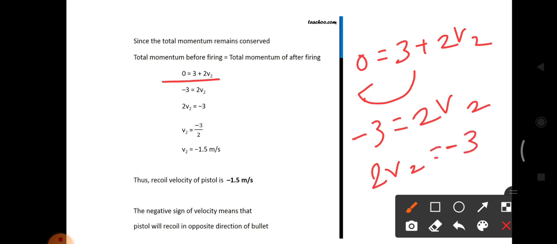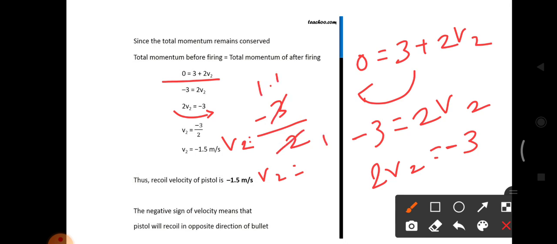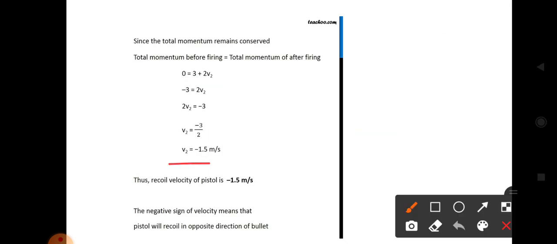And if the 2 goes to the right side, it becomes minus 3 by 2. So V2 equals minus 3 by 2. 5 2s are 10, so 1.5. So V equals minus 1.5 meter per second.